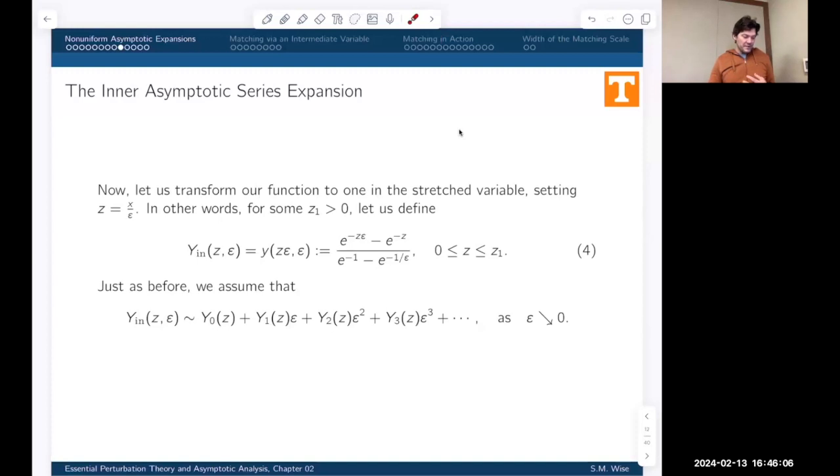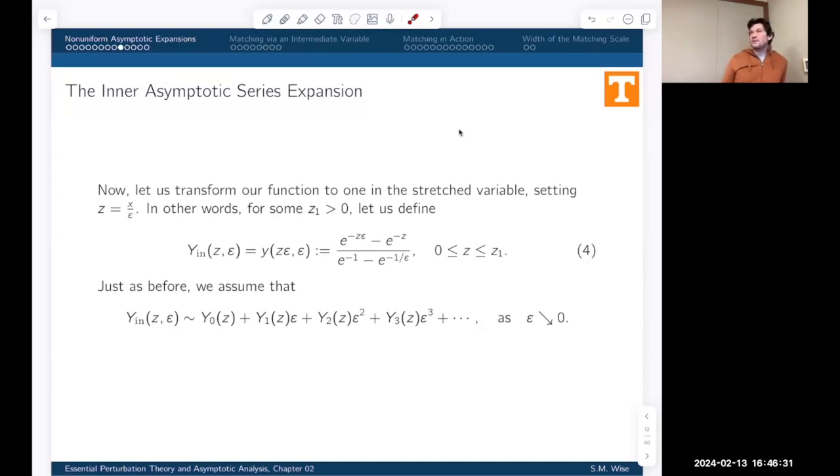Well, remember, we said when we go to the boundary layer, we have to make this change of variable to the stretched variable. And the appropriate stretched variable was obtained in chapter 1 via a dominant balance process. So all that still holds true and is valid, but we're going to assume that we already know what this correct stretch variable should be.